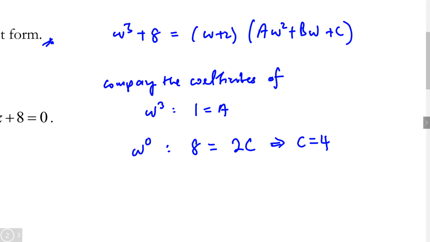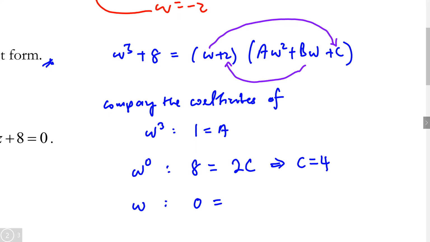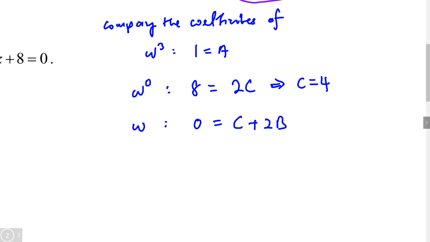Then the other one will just pick the coefficient of w. On the left hand side is 0. On the right hand side, we have cw plus 2b, so c equals 4 plus 2b, so b equals -2.